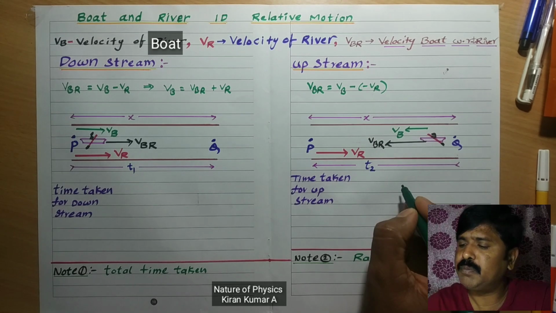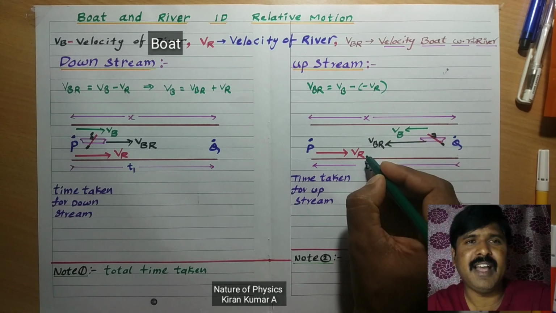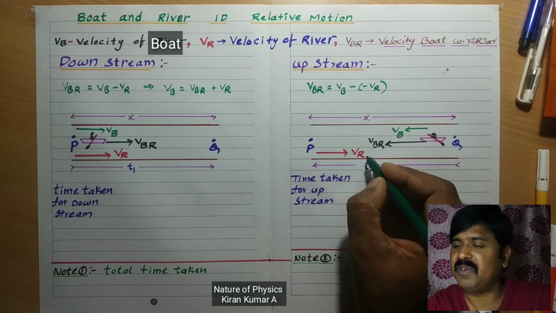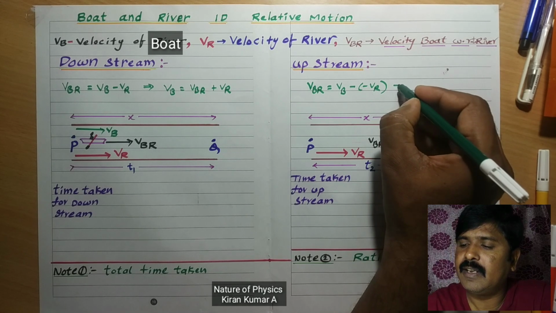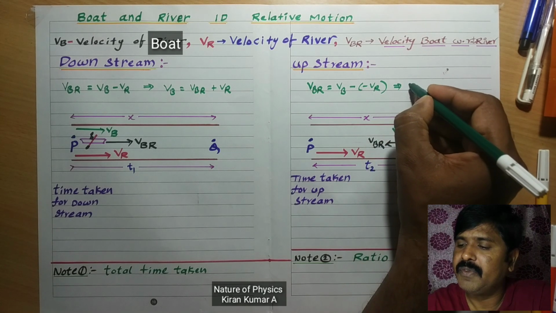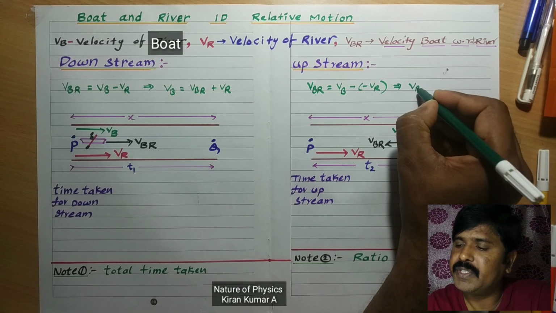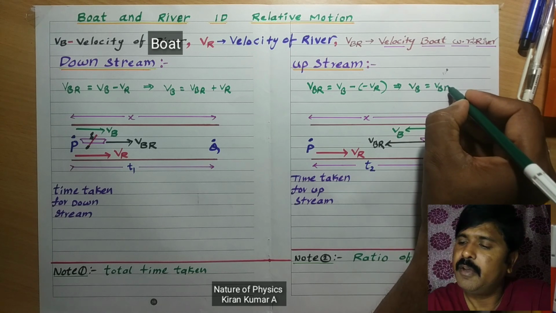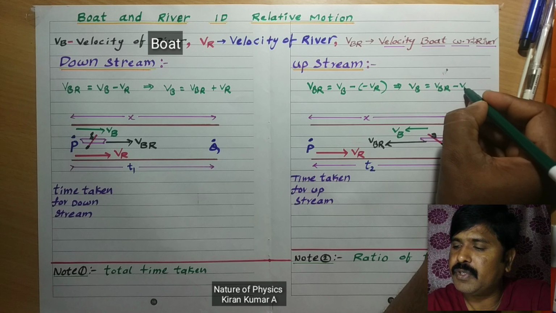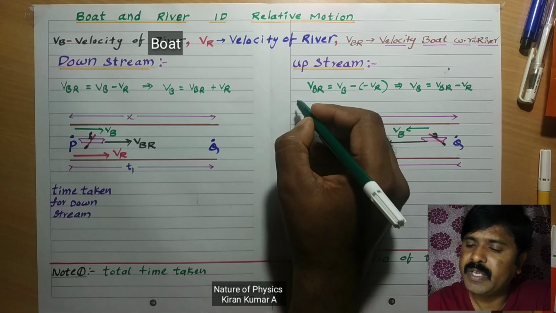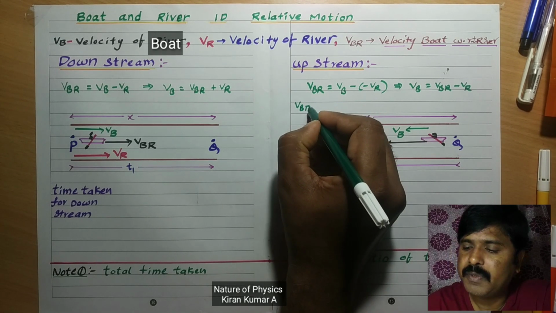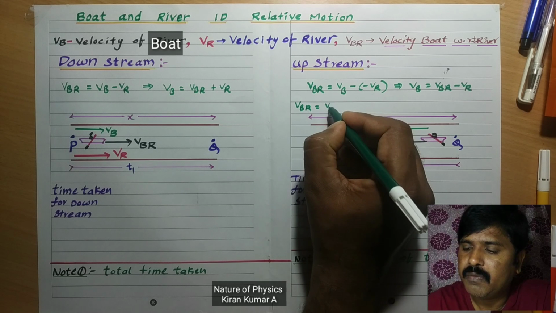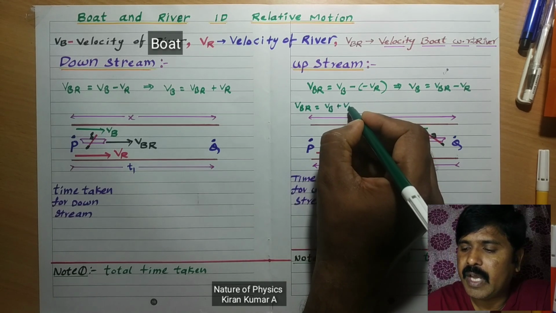With respect to the boat, the river is in the opposite direction, so Vb equals Vbr minus Vr. One more step: Vbr equals Vb plus Vr.